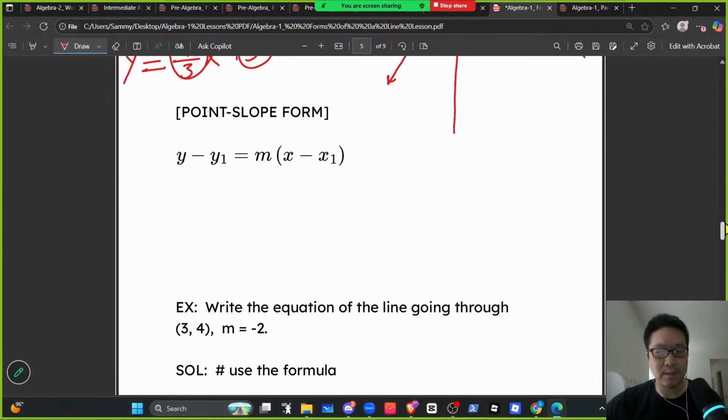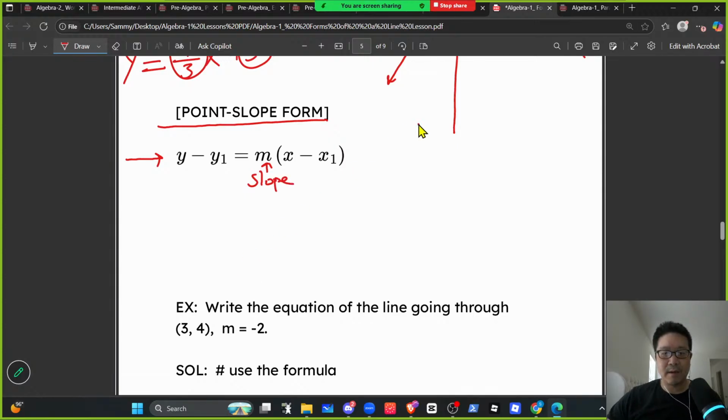All right, the next form of a line is called point slope form, and the general form of the line looks like this. We have y minus y sub 1 equals m times x minus x sub 1, where m is the slope.